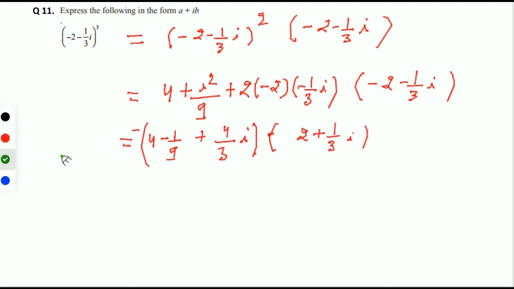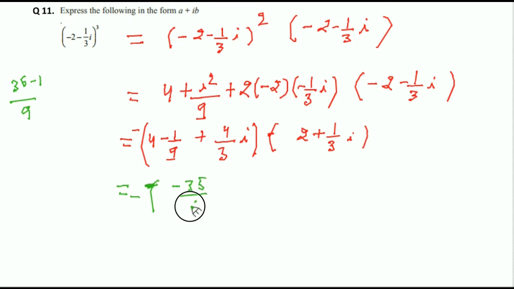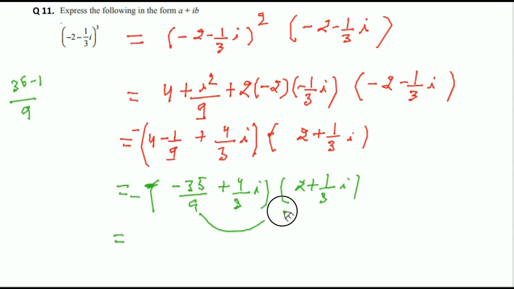So let's first find 4 minus 1 by 9. 9 will be the LCM, 36 minus 1, this is 35. So just take minus outside: minus (35 by 9 plus 4 by 3 iota) into (2 plus 1 by 3 iota). Just simply multiply here. So 35 into 2, the minus 70 by 9, and outside you have another minus.